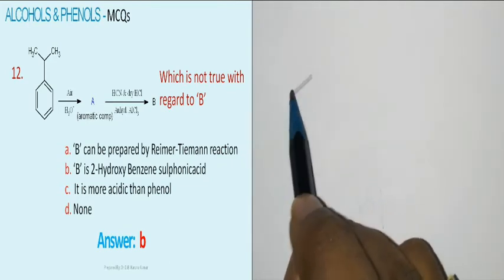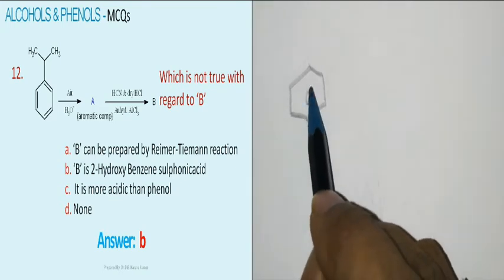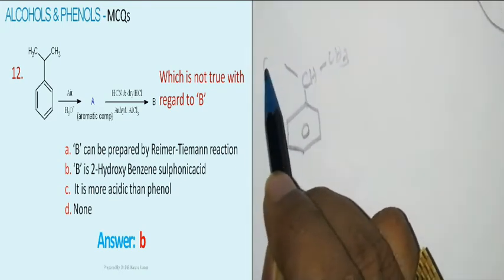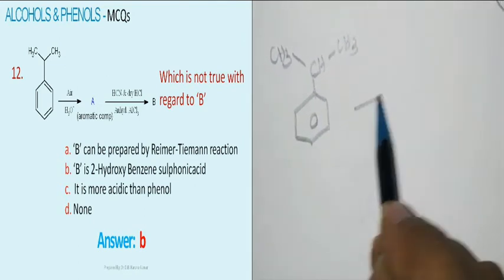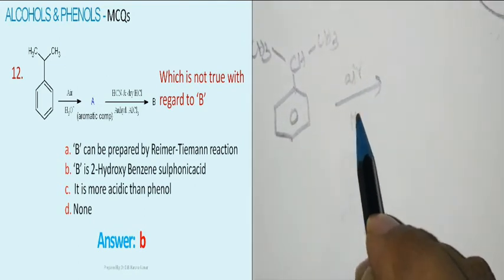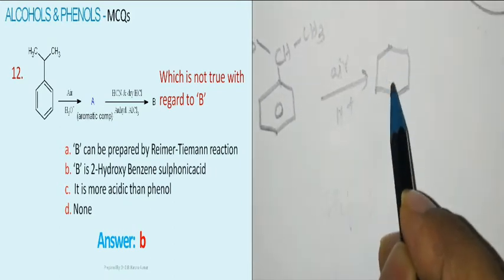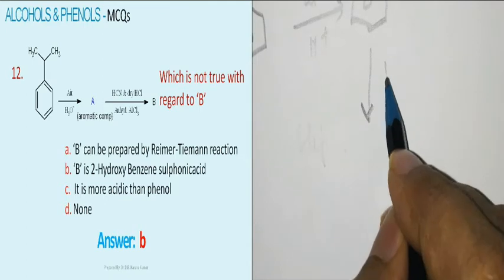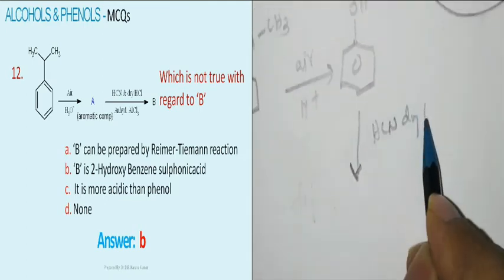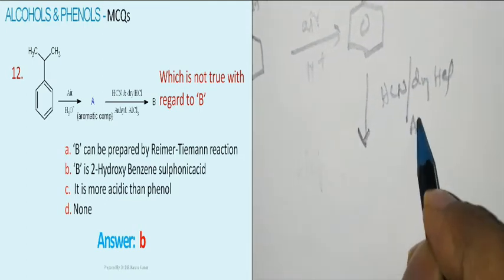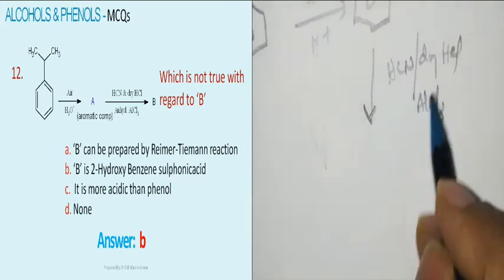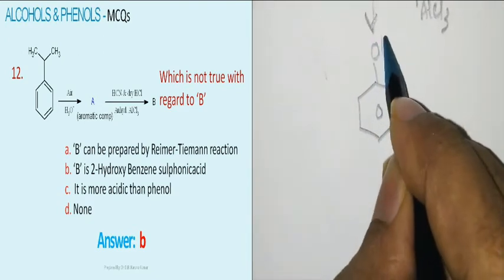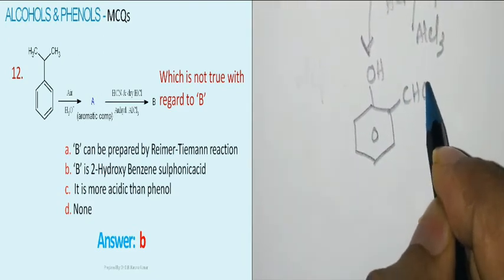So, cumene on aerial oxidation followed by hydrolysis will give phenol. This phenol is subjected to hydrogen cyanide and dry HCl in the presence of AlCl3. This is nothing but Gattermann aldehyde synthesis. Therefore, finally you are going to get a salicylaldehyde product.